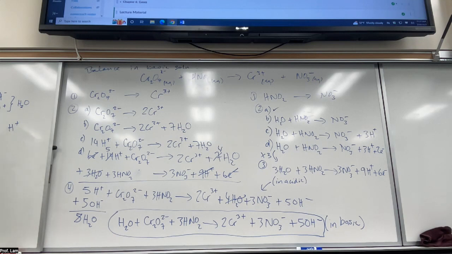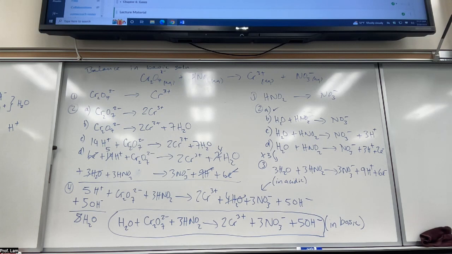Yep. And on the right side? Oxygen total is 14. How many nitrogens total on the left side? 3. And on the right side? 3. So we're balanced with nitrogen, oxygen, and chromium.